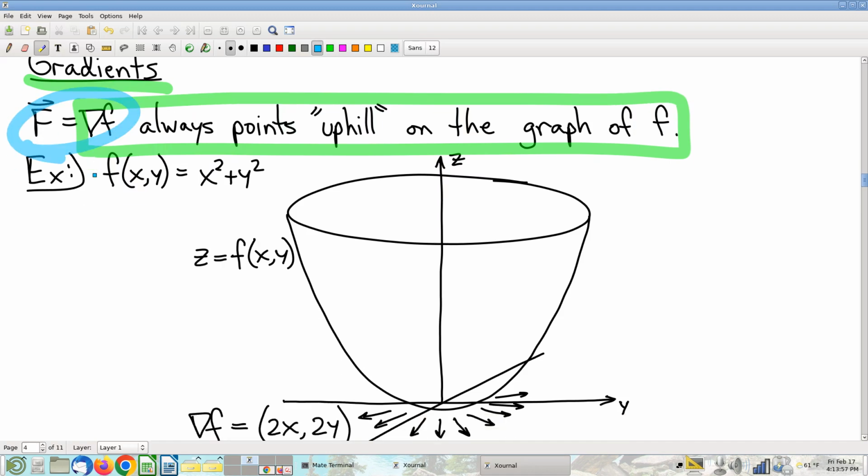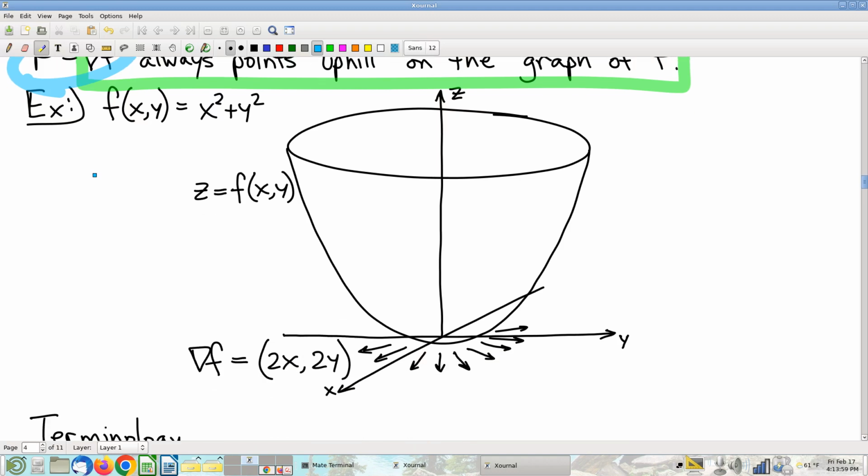But let's just notice, if you have a real valued function such as this one, and you take the gradient, here you go. Notice it's a vector field. Given any point x, y, this is a formula for a field vector: 2x, 2y. Right? And this is something that looks kind of like this.